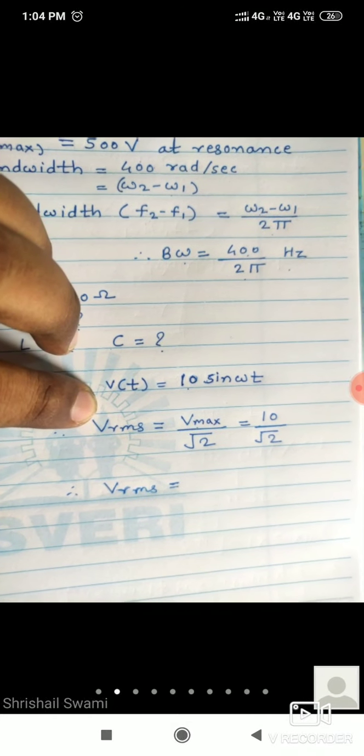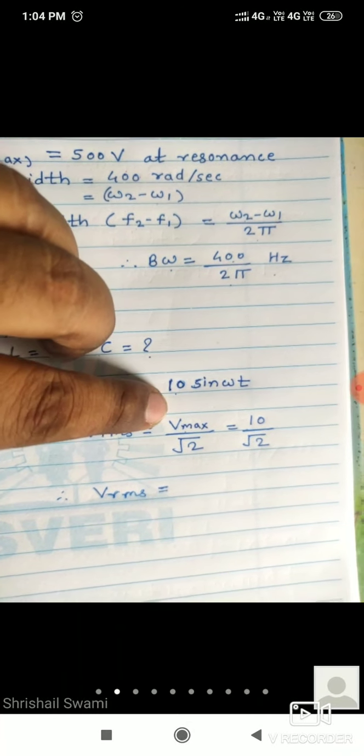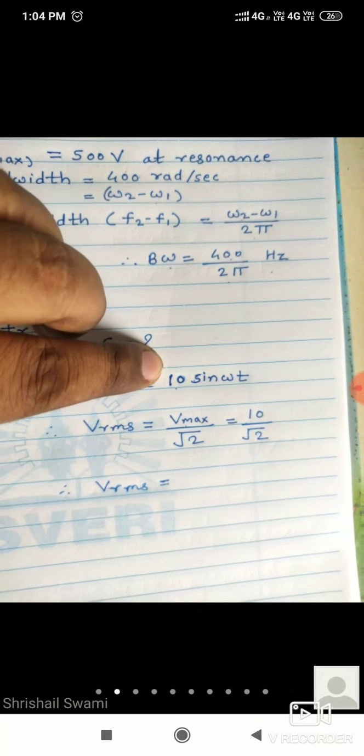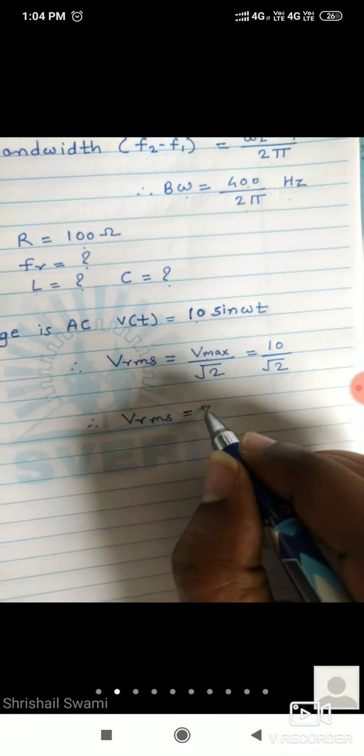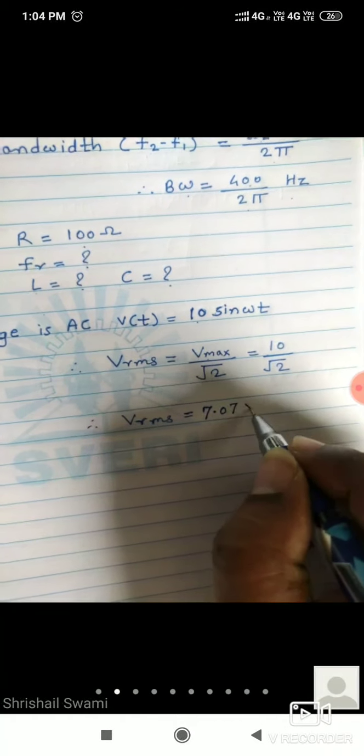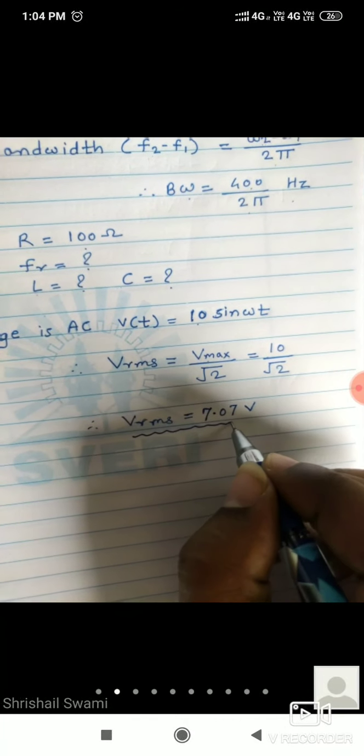VRMS value of AC supply is Vmax divided by under root 2. Vmax is 10, 10 divided by under root 2, that is 7.07 volt. This is the VRMS value.